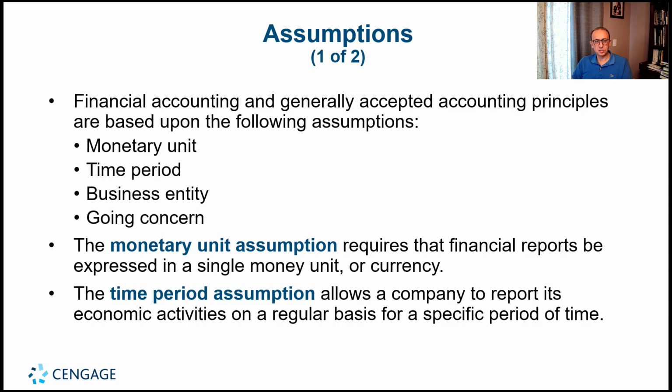The second assumption is the time period assumption. This allows a company to report its economic activities on a regular basis for a specific period of time. I like to represent this as an artificial period where we try to think of the business as having a starting date and an ending date. So we usually say the company's performance for the year of 2022.